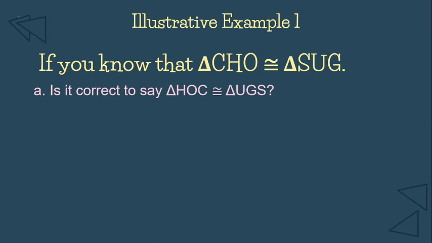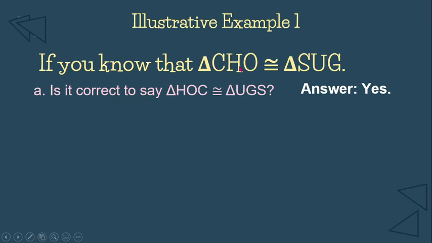Congruent daw ba si triangle HOC kay triangle UGS? Okay, the answer is yes. Bakit yes? It is correct because the corresponding vertices of the triangles are named in the same manner.